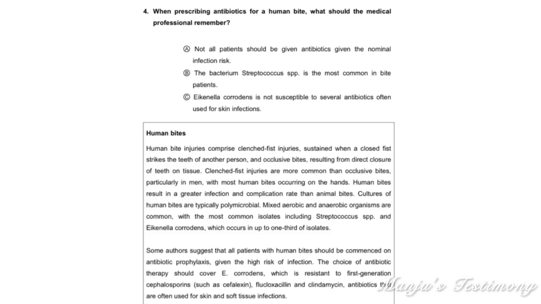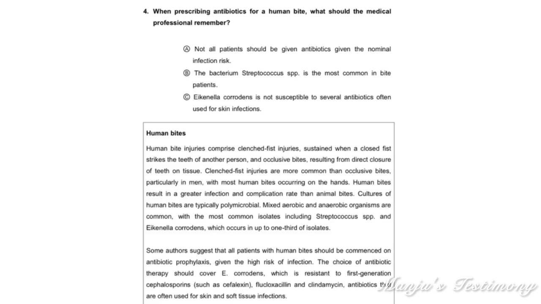Antibiotics is also a keyword, and in the question also they are asking about antibiotics. I will explain all the meanings of the sentences here anyway, but let's find out the answer with the keywords. Then you can understand how we are going to find the answers with the keywords. Okay, so not all patients should be given antibiotics given the nominal infection risk.